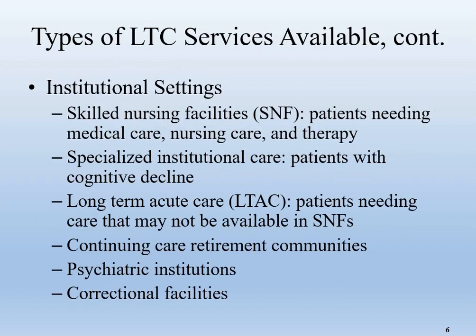Okay, types of services available, moving on. Skilled nursing facilities, patients needing medical care, nursing care, and therapy. Specialized institutional care, patients with cognitive decline. Long-term acute care, patients needing care that may not be available in skilled nursing facilities.